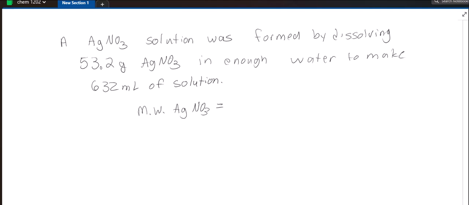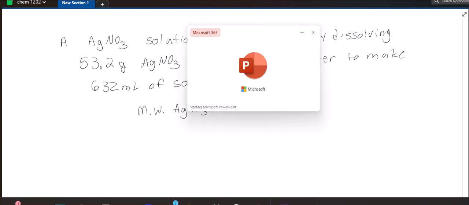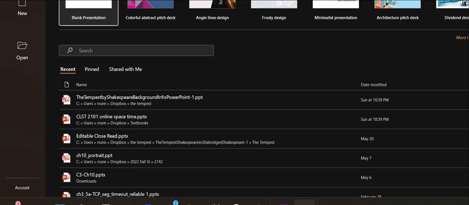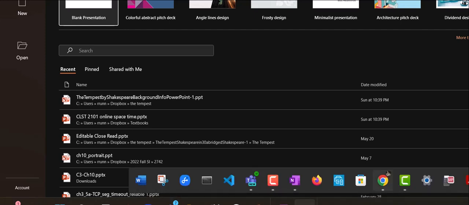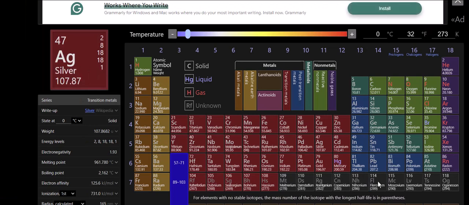And to do that, I will go to a periodic table. And not to PowerPoint. And silver is 107.87.